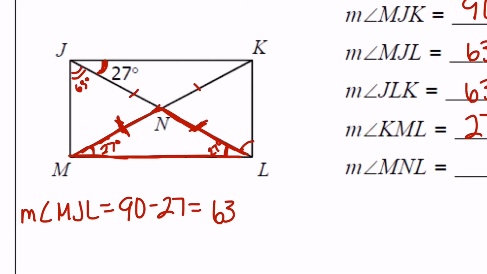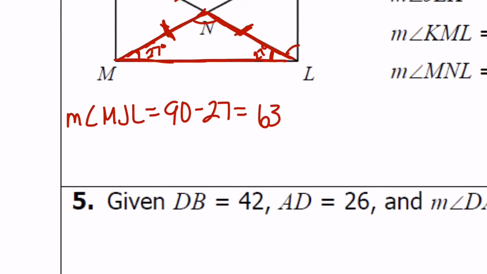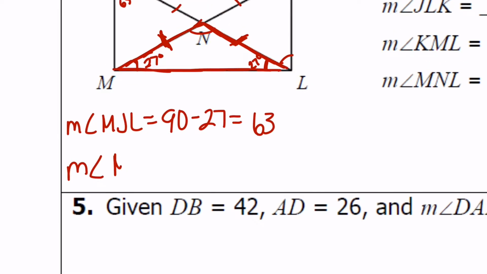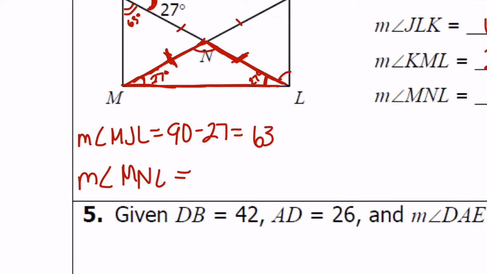All right, last one I need to find is MNL. So I'm trying to find this one right here. We can use what we found out with KML to find the measure of angle MNL.